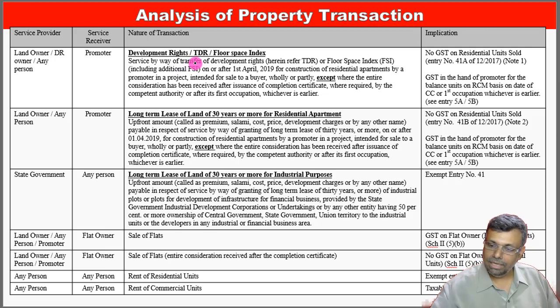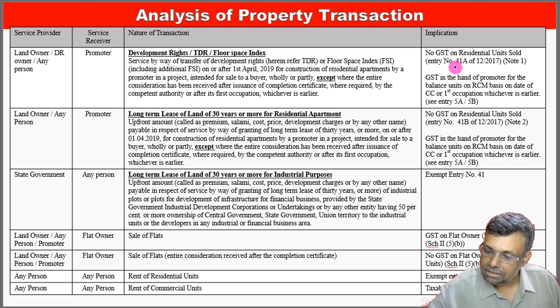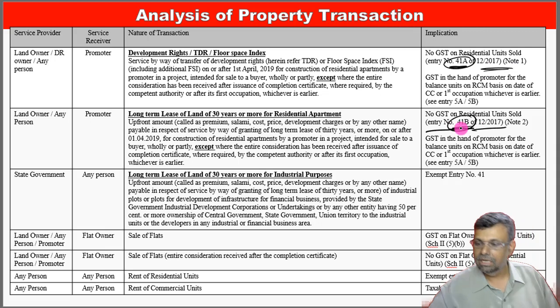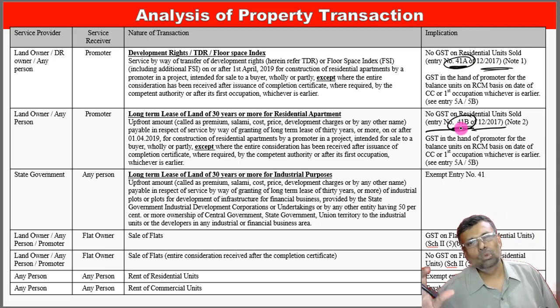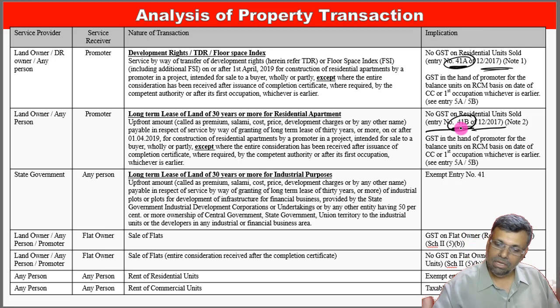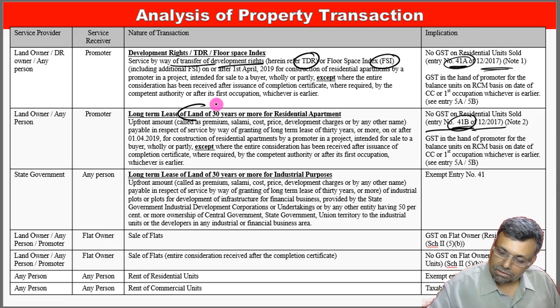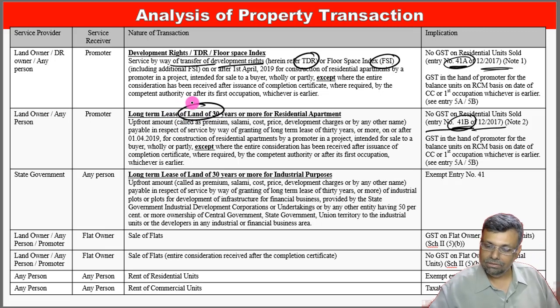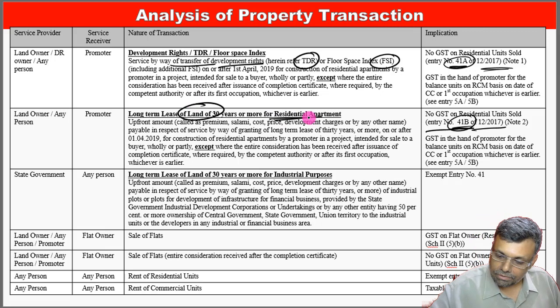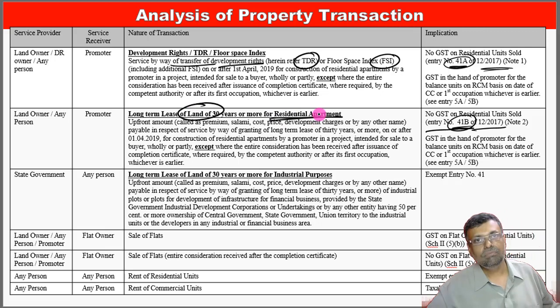These are all exemption entries basically, and the exemption entry numbers at the appropriate places, I've already stated in my detailed class. I've already given you the complete analysis of this point, but I'll just take you through this example. First of all, where there is any transfer of development rights, TDR, FSI, or long-term lease of the land, these are all specified transactions, all for the residential apartments.